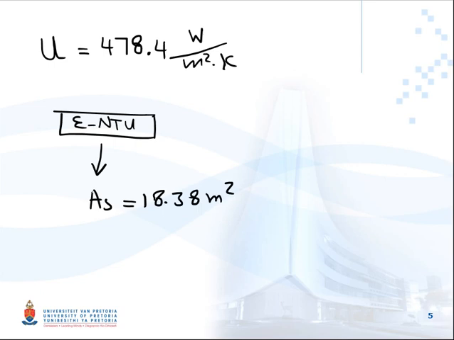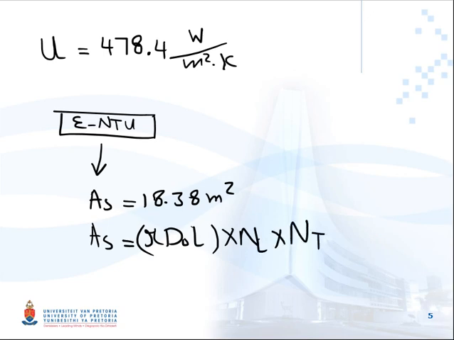After that we said that A_s is equal to pi D_o multiplied by N_L multiplied by N_T, but N_T here is the transverse row, which is equal to 14. So N_L, which is the number of rows the question is asking us, was equal to 33.